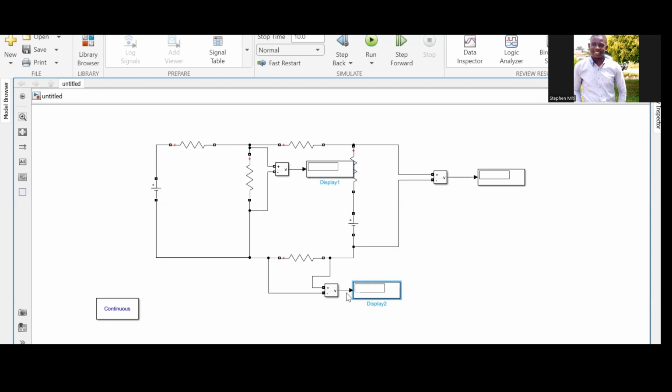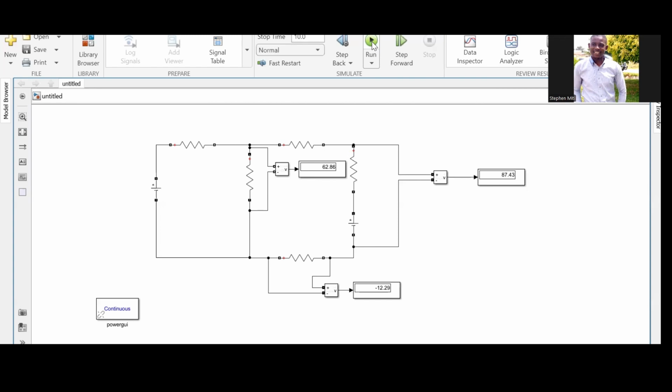Now my circuit is ready. I can run it so that I can confirm the values that I found. Theoretical values are the ones we found when solving, and if we run the circuit in MATLAB, is it going to give us the same values? So let's see. I'm going to run.